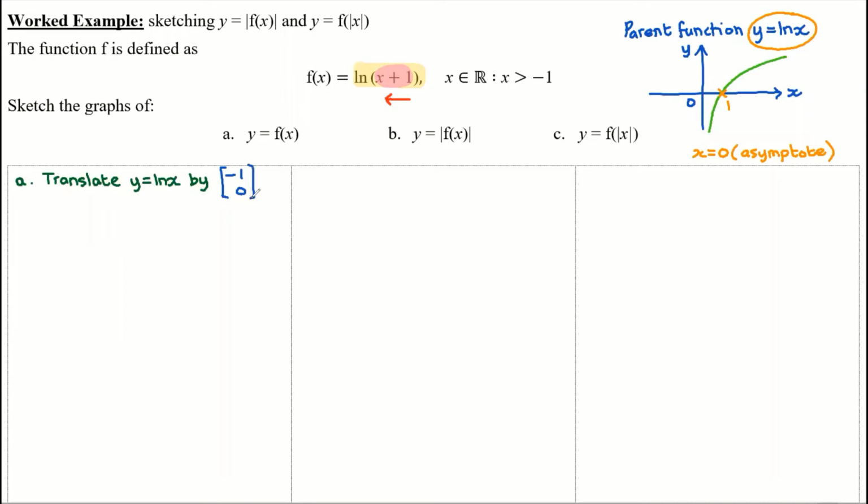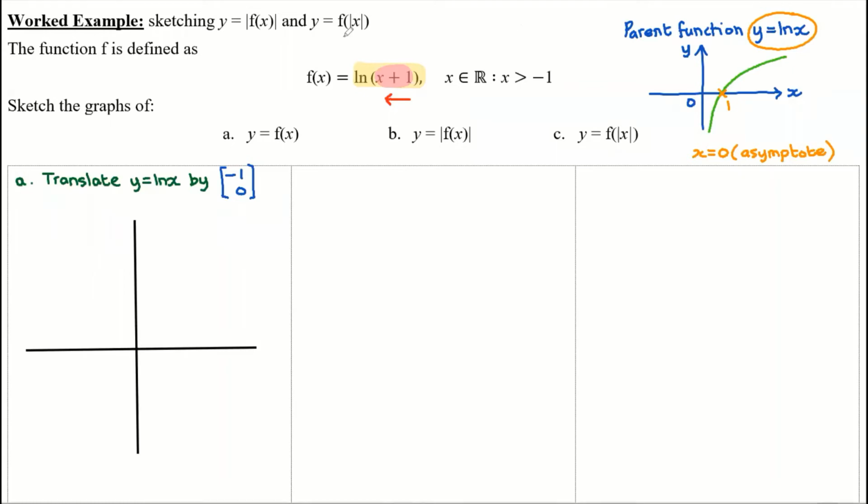All right, so we can do that. We just take our parent function and shift it 1 to the left. And I'll draw this carefully. So we'll draw our axes with a straight line like this. Now, if you'll notice, the asymptote of the parent function was at x equals 0.